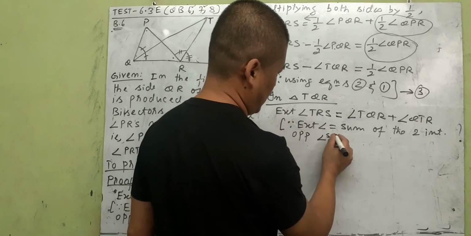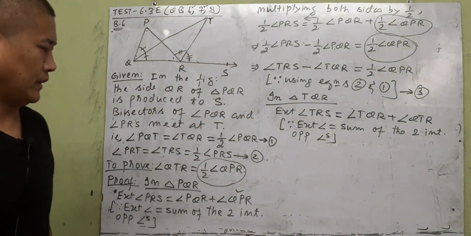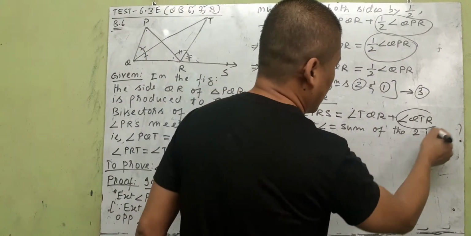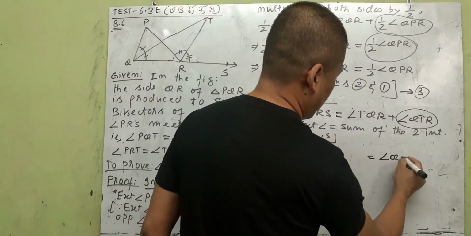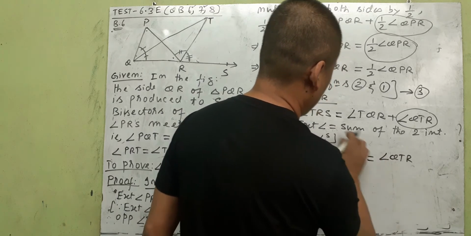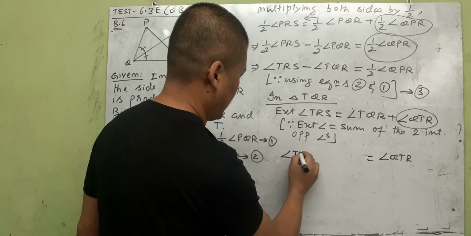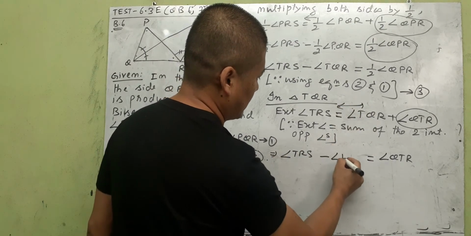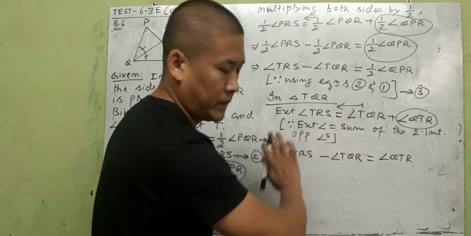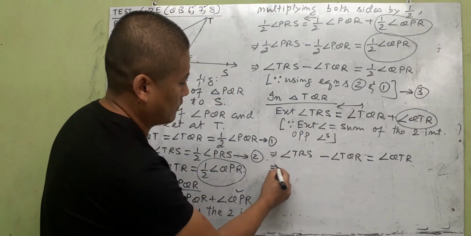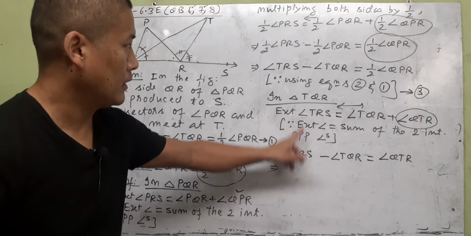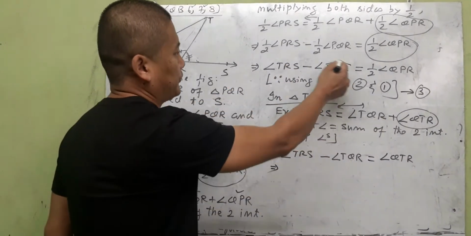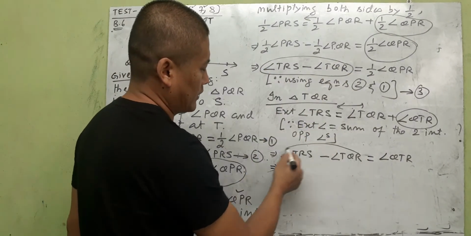Now here we have to have the QTR, so this is the one we don't touch, and shift the rest. Angle QTR, don't touch that anymore. Now here this one, angle TRS, shift this one this side, then minus angle TQR, plus will become minus, right? So now we have here TRS, same, minus TQR, exactly same, we got these two exactly identical.